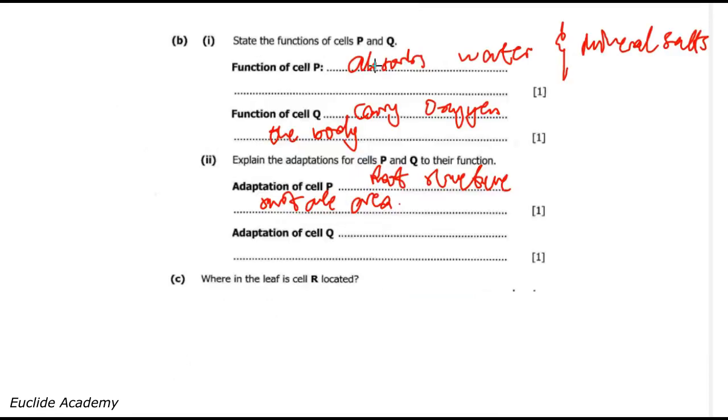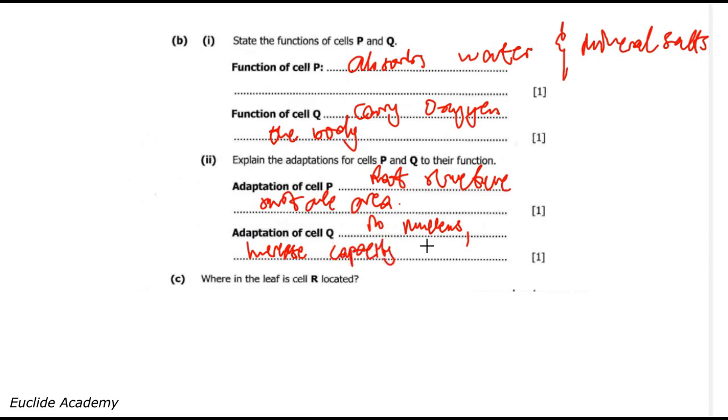And then the adaptation for Q. Q is the red blood cell. Red blood cells do not have a nucleus, which in turn increases their capacity to carry oxygen around the body.